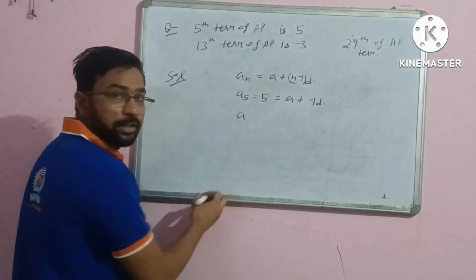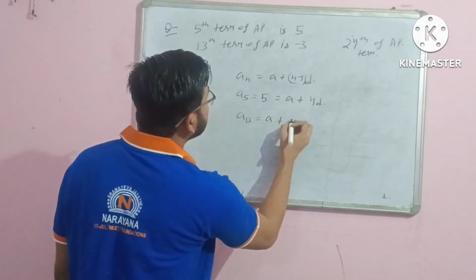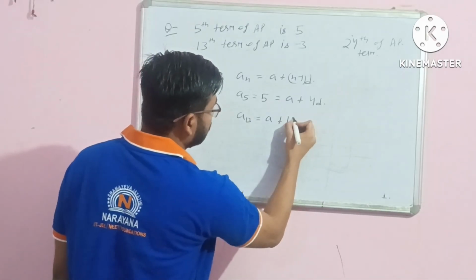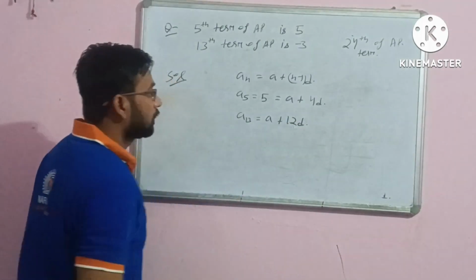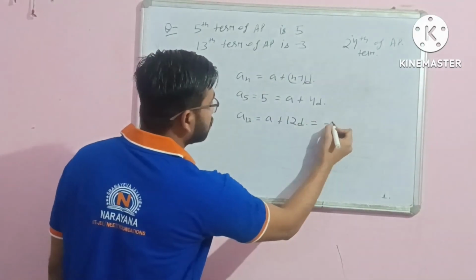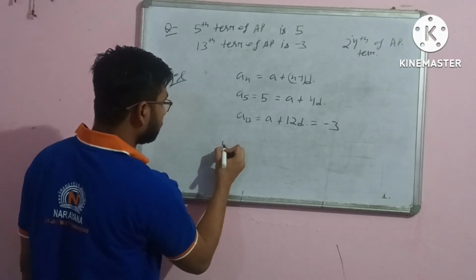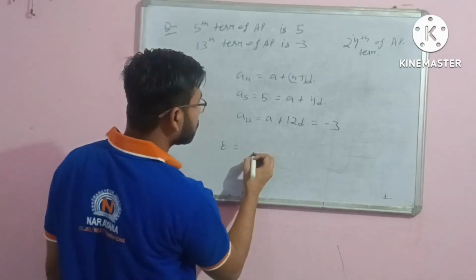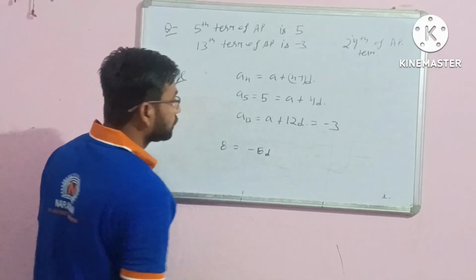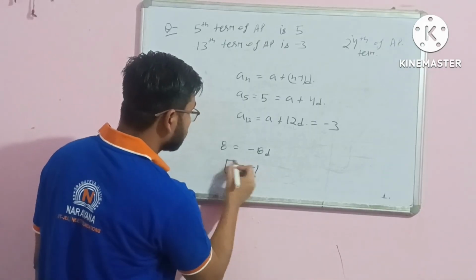And a13 is a plus 12d, which equals -3. After subtracting we will get d is equal to -1.